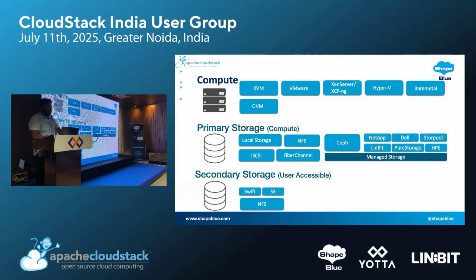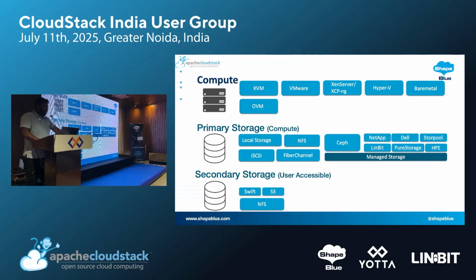What else do you need? You need a secondary storage. People who come from a typical virtualization background forget about secondary storage, I see this a couple of times. Then we are at the end of the design, we realize, okay, they didn't buy hardware for secondary storage. Then they quickly spin up something and then do it. So don't forget about secondary storage, where you will keep the templates and ISOs. The options here are NFS. NFS is the default choice.